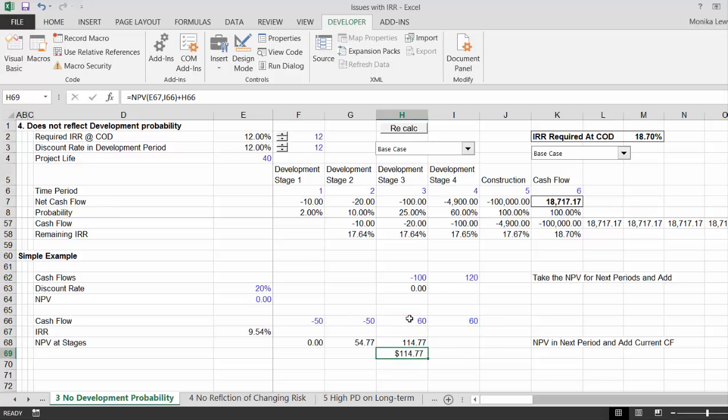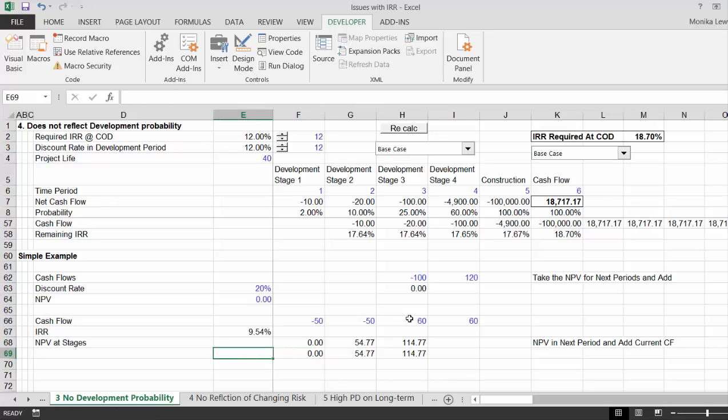And that gives us the same answer. And we should press F4. Now, then you can go to the next one and say, let's take this prior NPV and bring it back 1 year. And then let's just add the nominal cash flow. And that just gives you exactly the same result. And then you can get back to an NPV of 0.